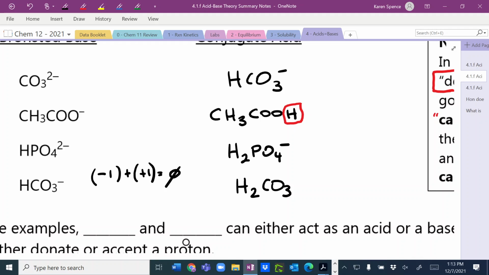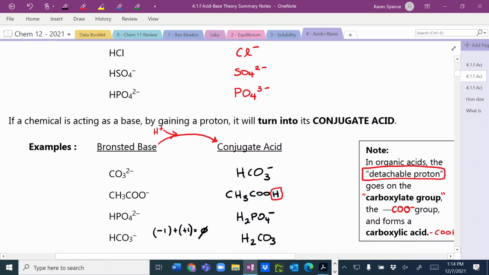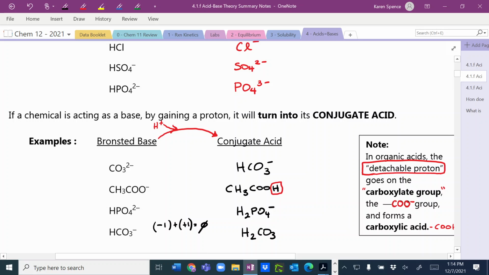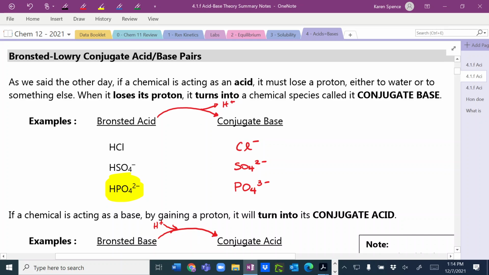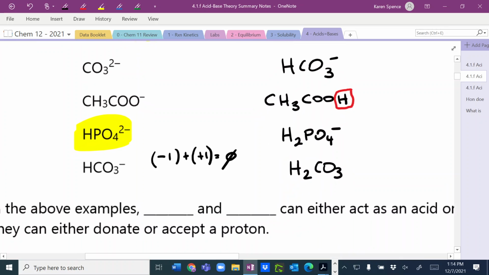Now, one thing you might notice if we zoom out a little bit is that HPO4 2- is given as an acid, but it is also given as a base. Do you remember the word that we use for substances which can act as either Bronsted Lowry acids or Bronsted Lowry bases?